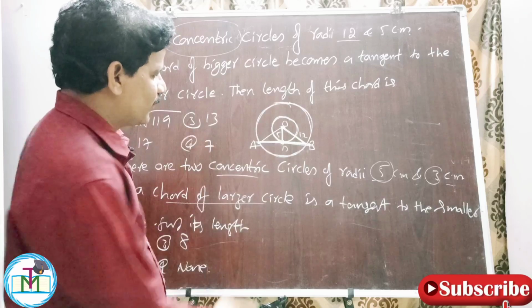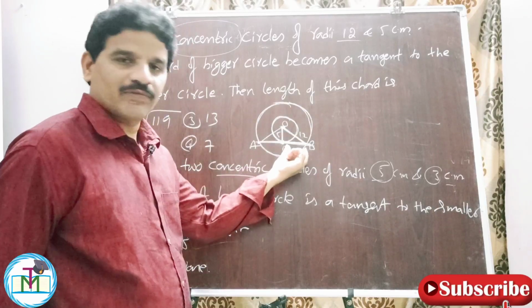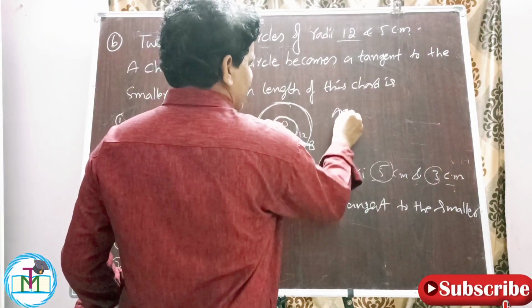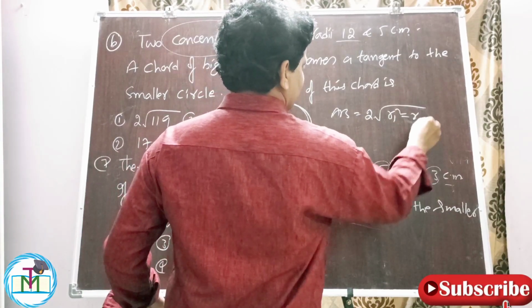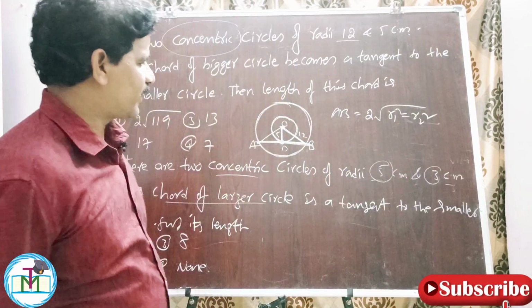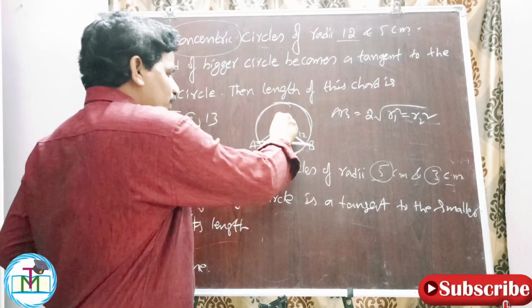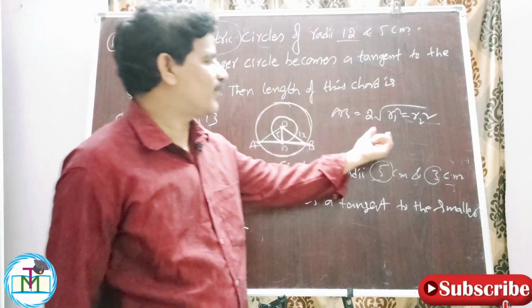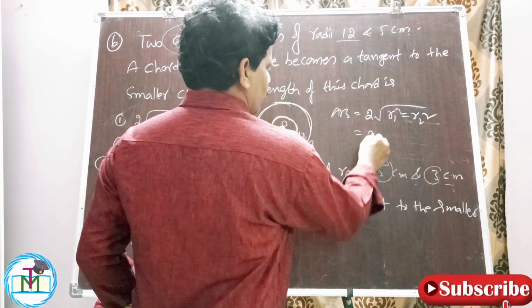By the Pythagoras theorem, hypotenuse square is equal to this side square plus this side square, but I want this side square. Or you can always remember one formula, the length of the chord is given by 2 times under root bigger circle radius square minus smaller circle radius square. R1 means the radius of the bigger circle. R2 means inside there is a small circle, its radius. Its shortcut is 2 times under root R1 square minus R2 square, which is equal to 2 times of what?